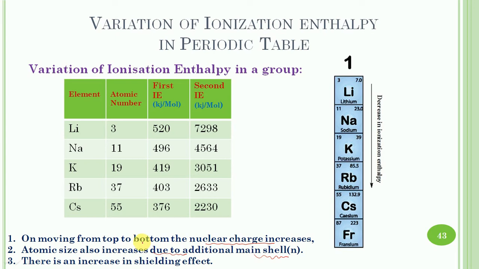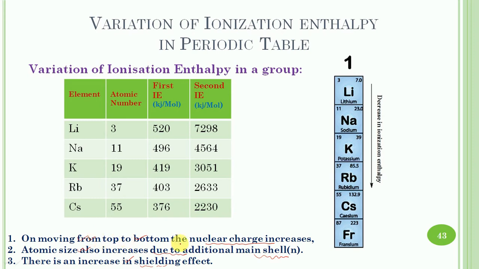The effect of the increase in atomic size and the shielding effect is much more than the effect of the increase in nuclear charge. If we compare, the increase of shielding effect is much more predominating over the increase in nuclear charge and increase in atomic size.